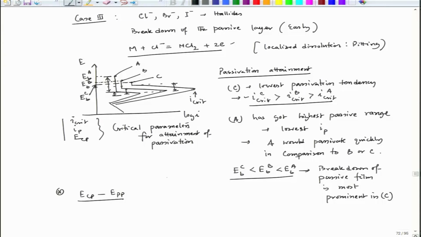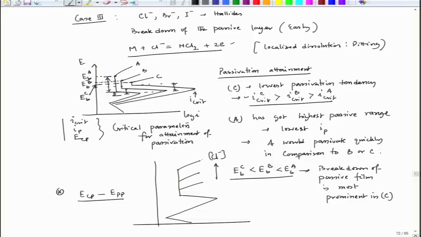For example, if we compare a situation like this, this is one, this is second, this is third in the same metal, I could experience this kind of situation where chlorine ion concentration increases, EB decreases.